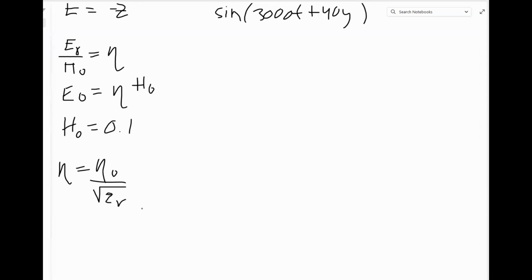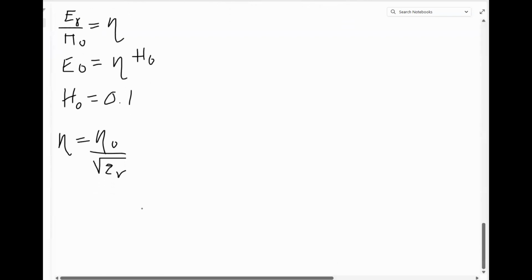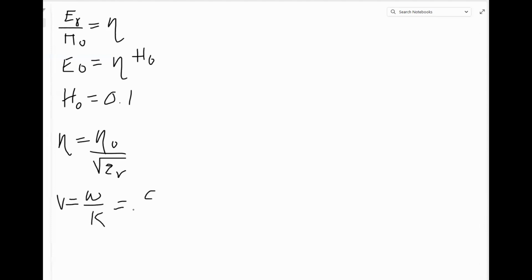And our epsilon r is basically equal to n. And so we can use this set of equations. So we know V equals omega over k, which equals c over n. And we know now c over square root of epsilon r.